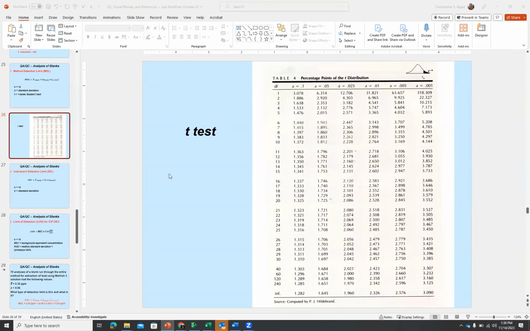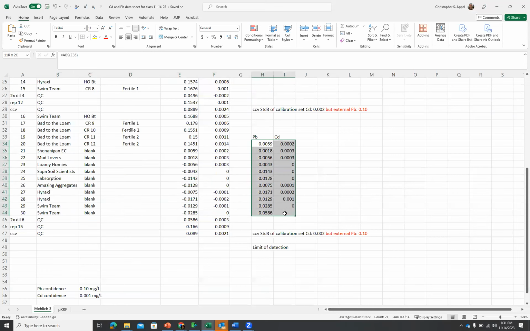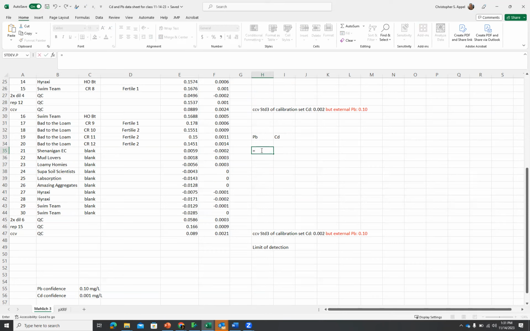If we go back to our data over here, what I'm going to do is take the absolute value of our blanks. So I'm just going to create, and I think you have it probably on your spreadsheet where it says lead and cadmium, and then it probably has some numbers below those. I think that those are wrong, actually. So all I'm going to do is insert a formula that says equals ABS.